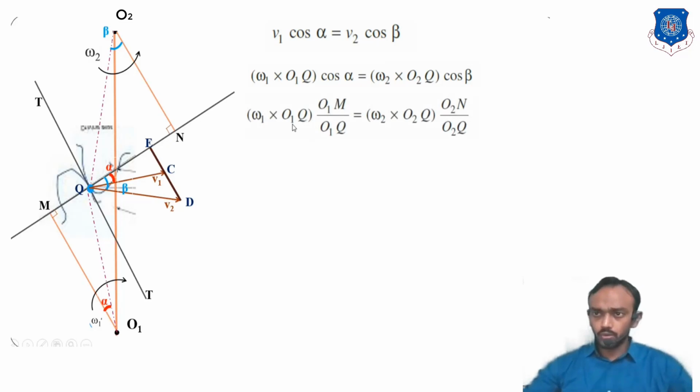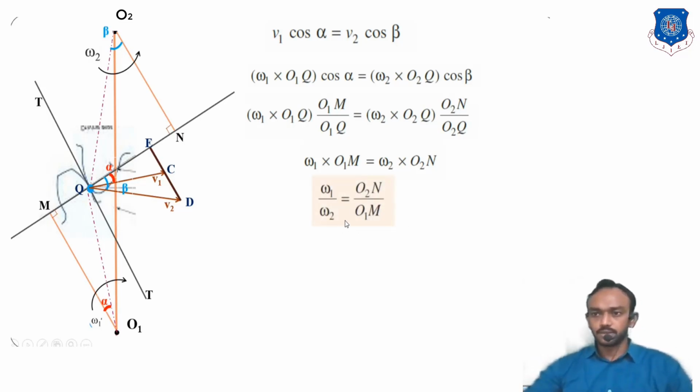So omega 1 into O1Q into cos alpha becomes O1M upon O1Q, so O1Q is eliminated and we remain with omega 1 into O1M and omega 2 into O2N. So the final result: omega 1 upon omega 2 is equal to O2N upon O1M.